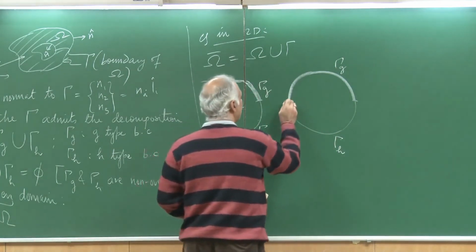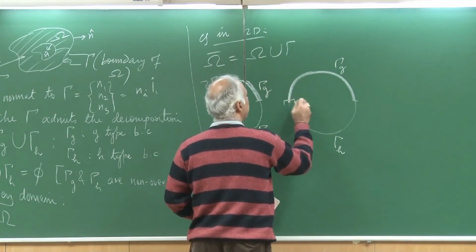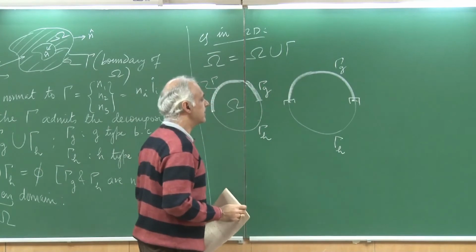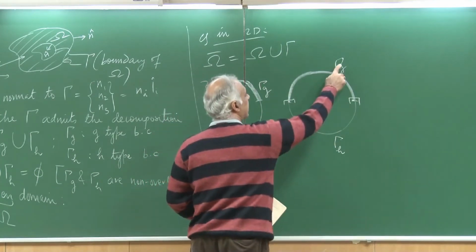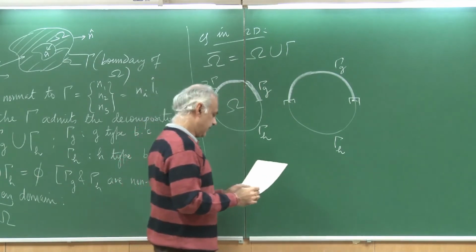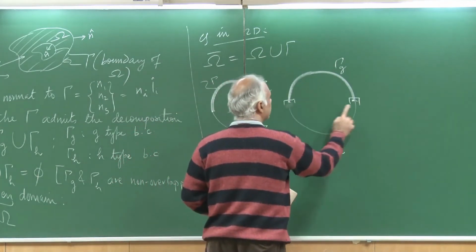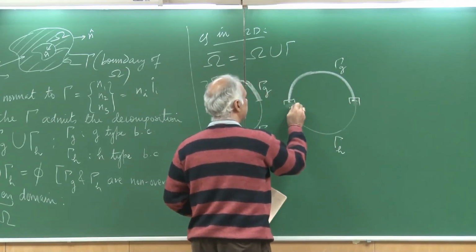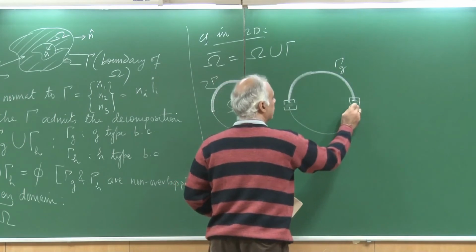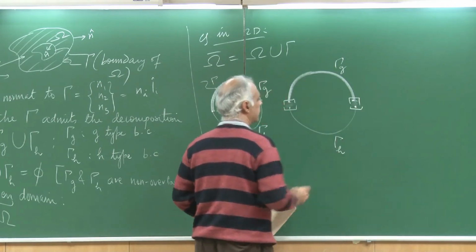I can always talk about a boundary where this point is excluded, and if it is excluded, that becomes an open gamma g. Similarly, I can show that in the expanded form, if I have these points here and I exclude them, then this would be gamma h.